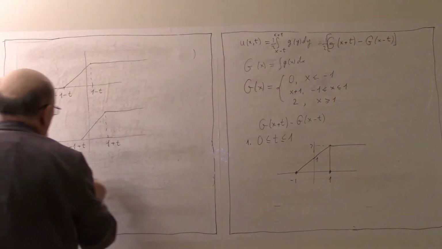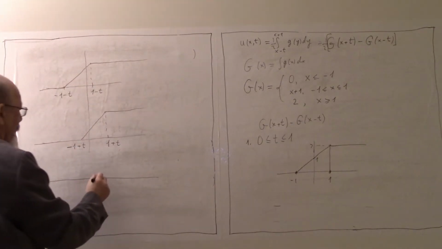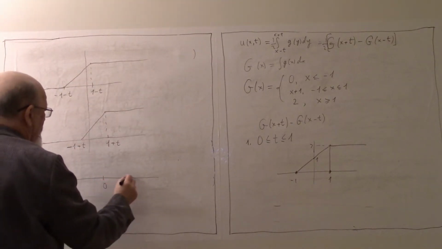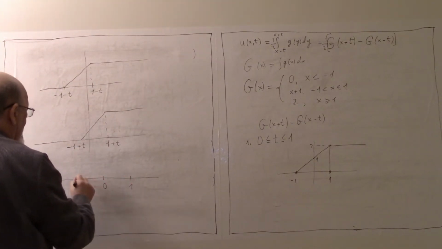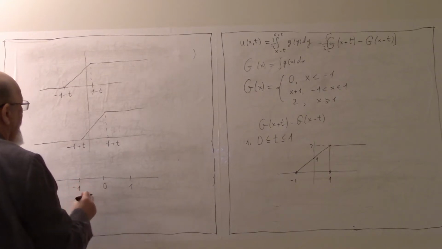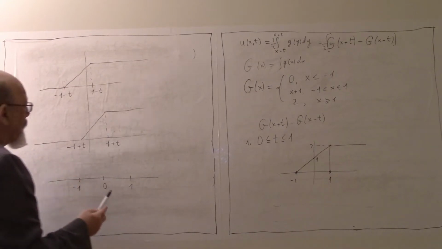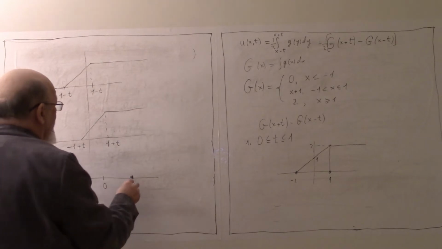So let us draw this picture. It is 0, 1, minus 1. So t between 0 and 1.